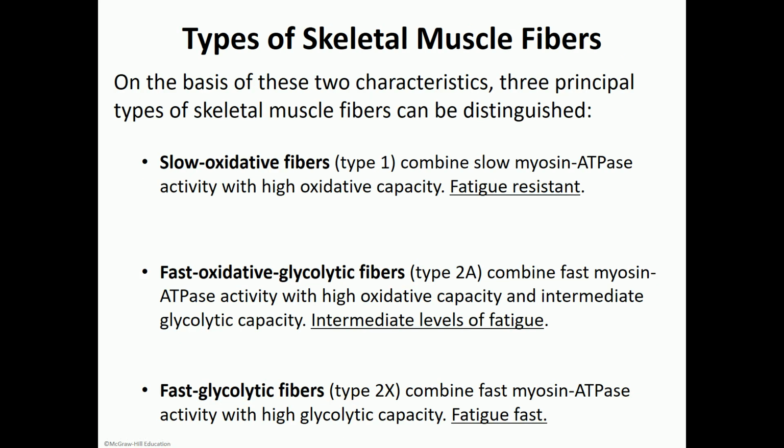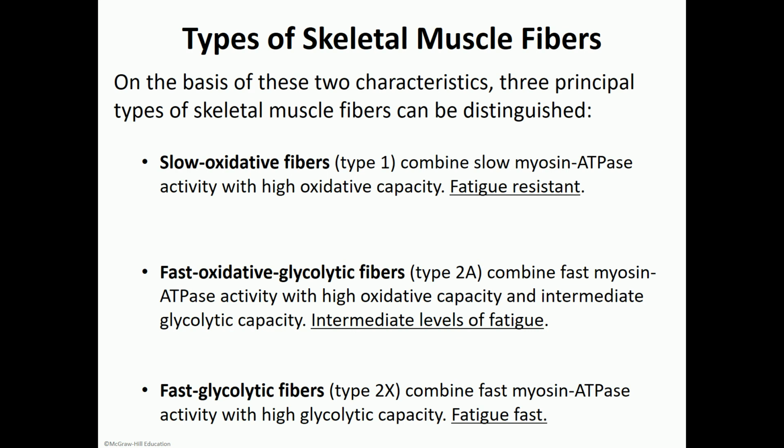Here are the three different kinds again. You have slow oxidative type 1, and those are fatigue resistant. These fibers contract slower, though they have a lot of mitochondria. They are darker in color because of the myoglobin in them. When you think slow oxidative fibers, think of your back muscles. They are fatigue resistant.